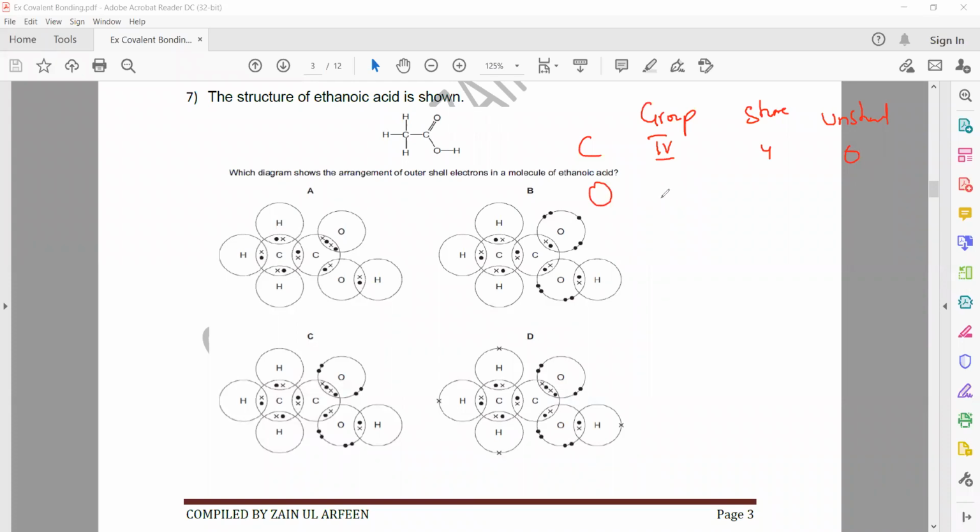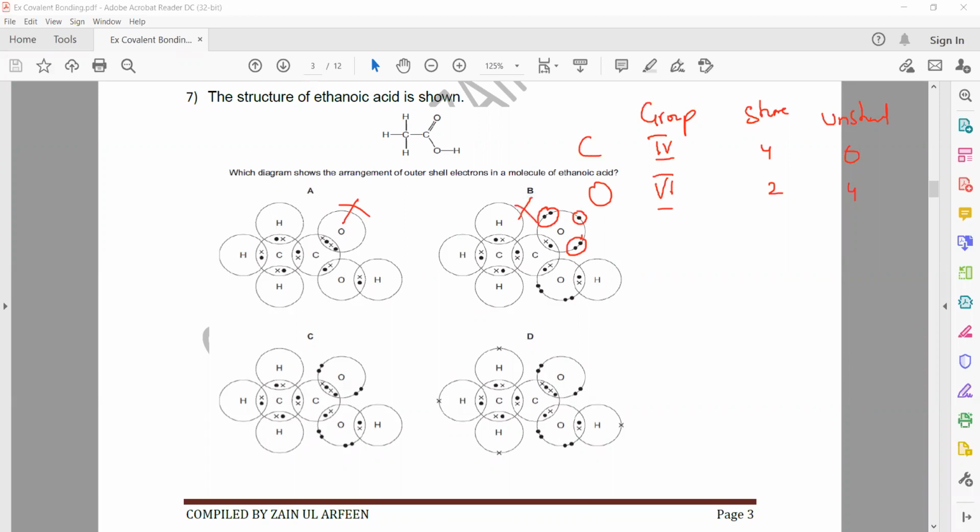Oxygen belongs to group 6, so it will share 2 electrons and the number of unshared will be 4. So A and B are wrong. Why? In A, oxygen does not have any unshared electrons, so it is wrong. When I check B, how many unshared electrons are there? 2, 4 and 5.